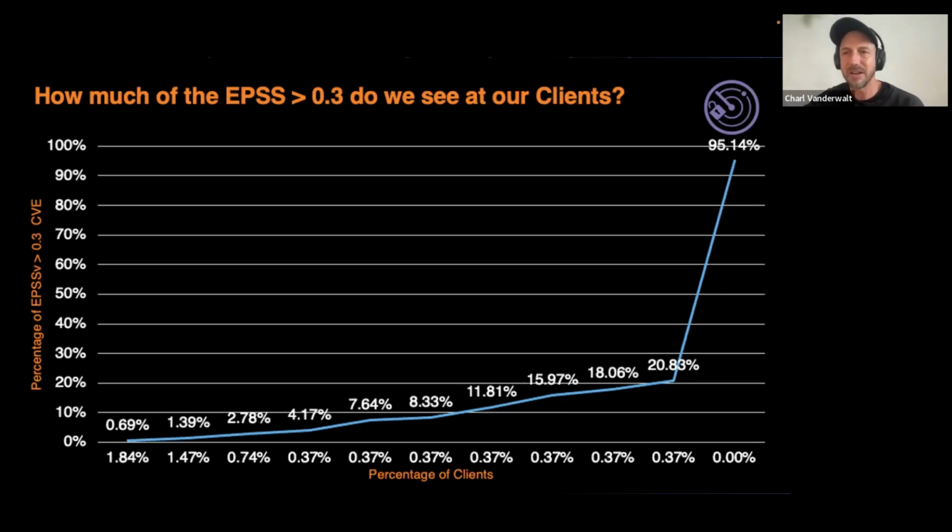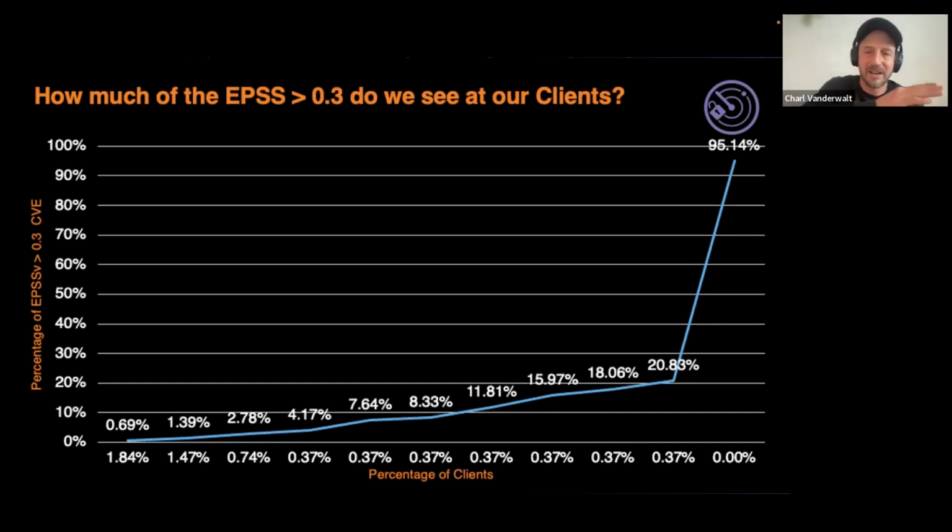We said, how many of our customers would be impacted by any of these vulnerabilities? And again, you read the graph, I think most easily from the right, which was that 95% would not be impacted. We couldn't find a single vulnerability with an EPSS of over 0.3 at 95% of the customers that we looked at.